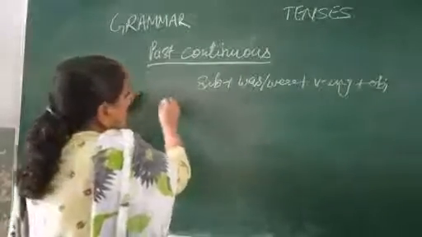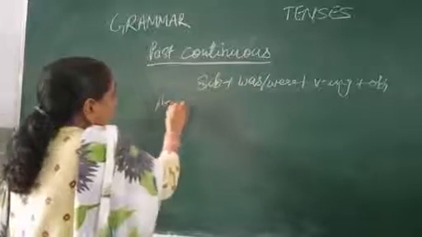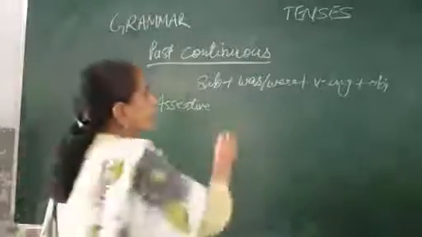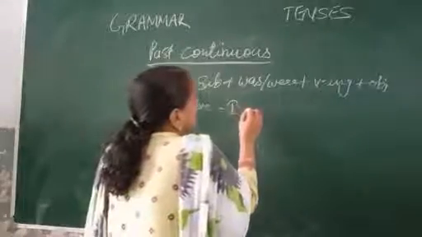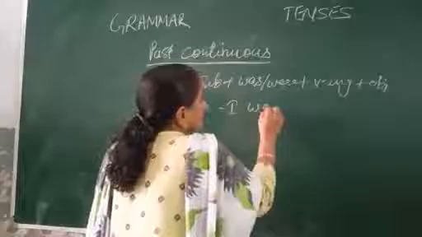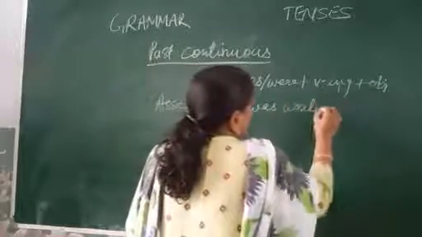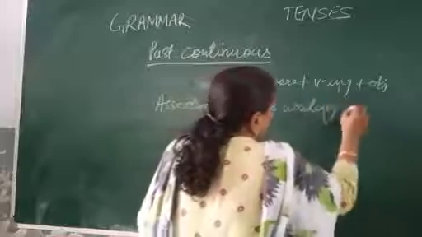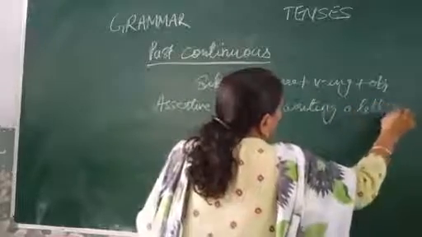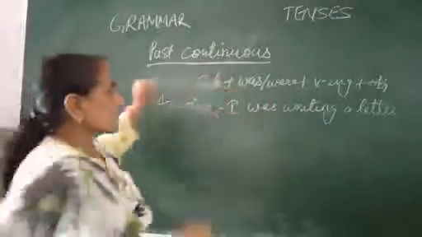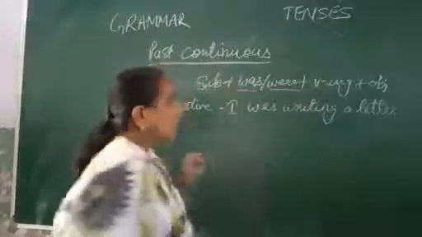So this is an example of assertive statement, like I was writing a letter. Okay, fine. This was and were.